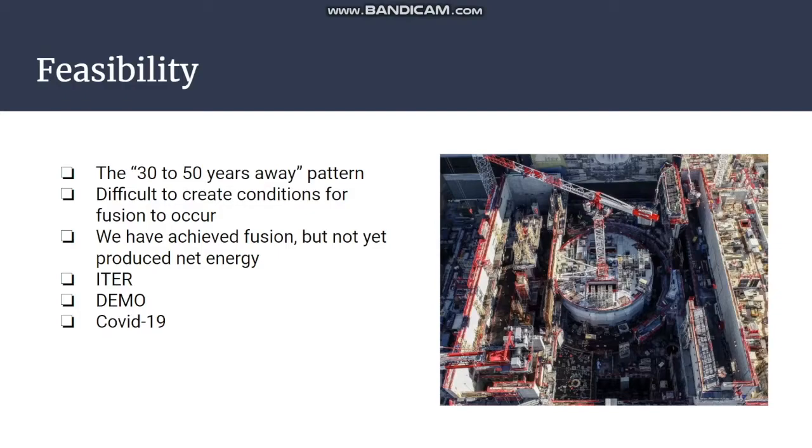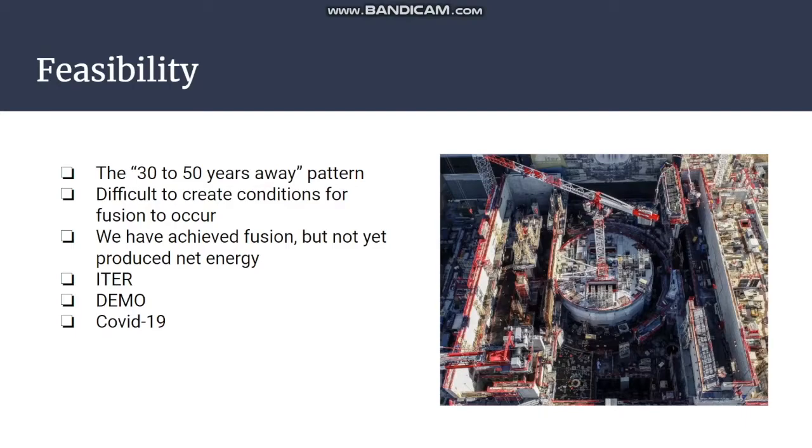In other words, that it will never occur. However, I don't think this is the case. I just think it's incredibly difficult to create the conditions for fusion to occur. And while we have achieved fusion, we've not yet produced net energy from fusion reactions. So we've produced fusion within plasma, within tomahawks, but we have had to spend more energy than we've been able to pull out of that fusion reaction.